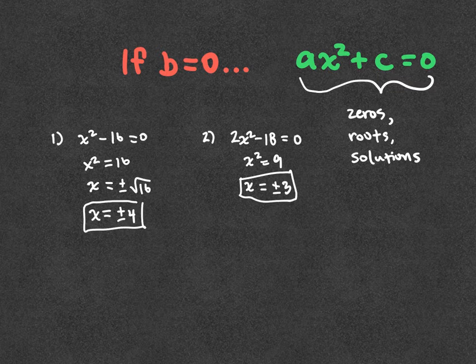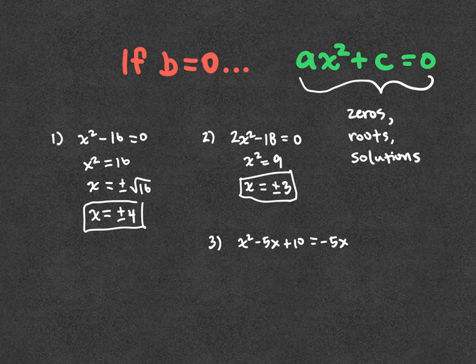Okay, let's look at a third example. Our third example will be x squared minus 5x plus 10 is equal to negative 5x. Now, you might be saying, well, b doesn't equal 0 here. But what I need to do is get it in this form prior to doing any sort of two-step or three-step solution method.